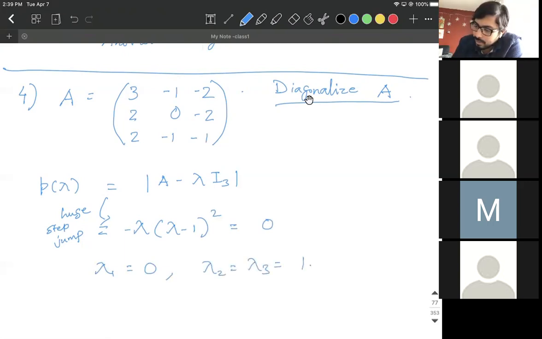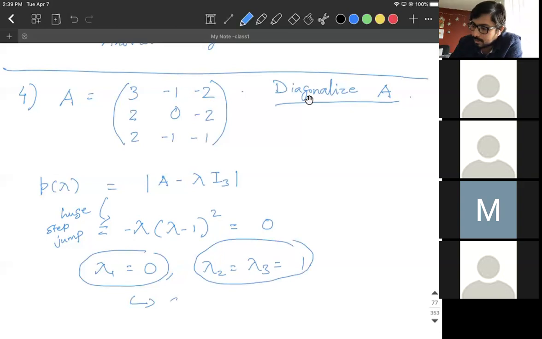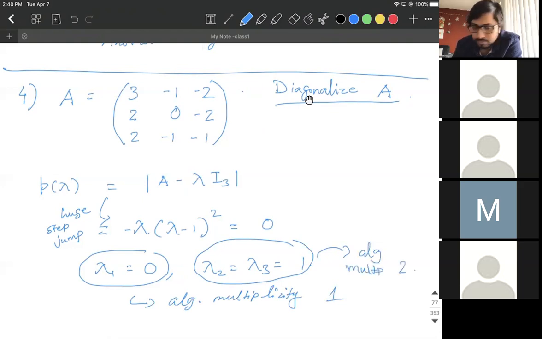Okay, so we have 2 distinct eigenvalues. One is 0 and the other is 1. So this has algebraic multiplicity 1, and this one has algebraic multiplicity 2.